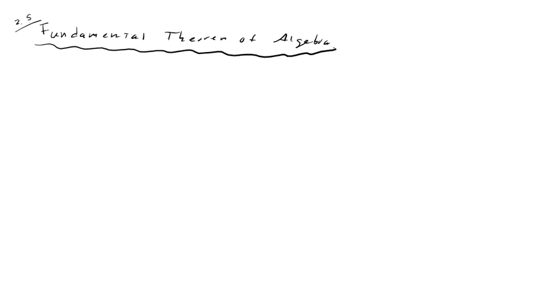The fundamental theorem of algebra involves polynomials, right? Remember, we have polynomials. We talked about polynomials before, and they are things like 2x squared minus 3x plus 5, or x to the 5th power minus x to the 4th power minus x to the 3rd power minus x squared minus x plus 1.